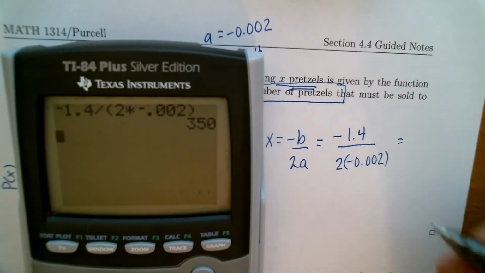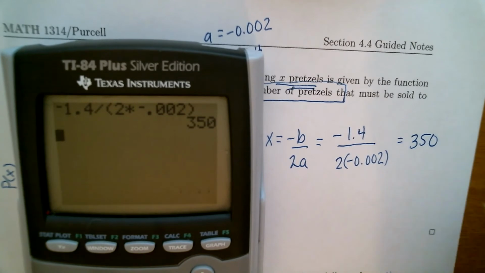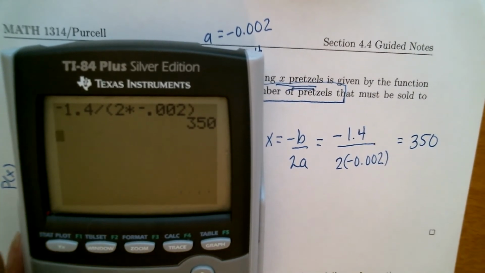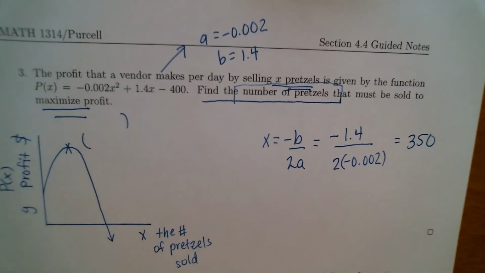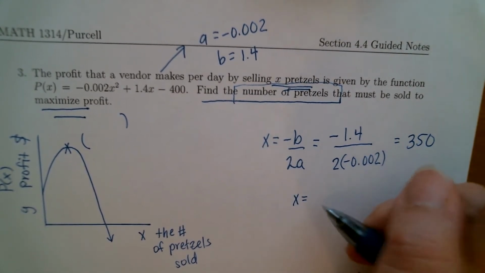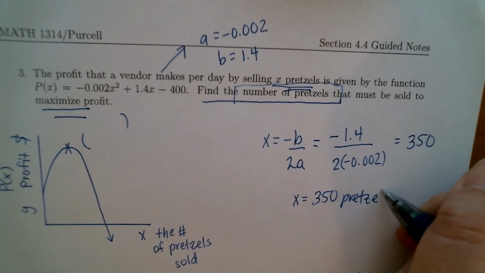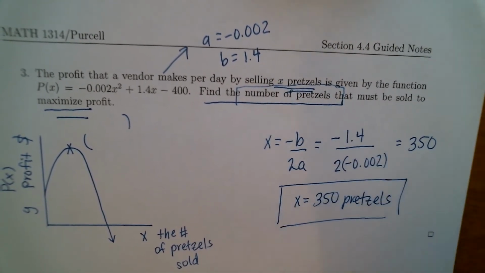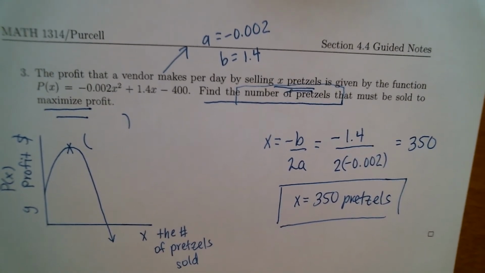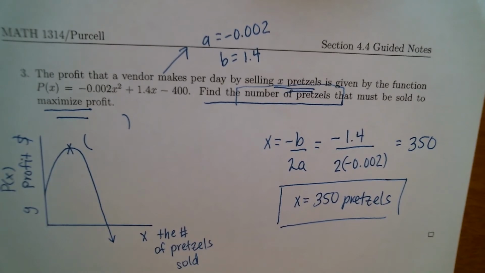And you're going to get 350. And that is your answer. Remember, you have to use units on these things because they're in a context. X is representing number of pretzels, so the answer is 350 pretzels. That's the number of pretzels that the vendor must sell per day to maximize his profit.